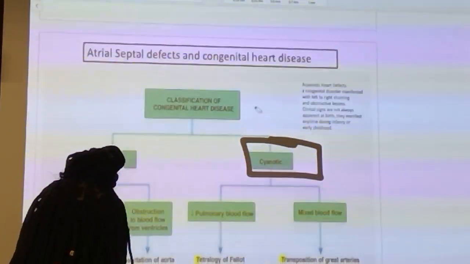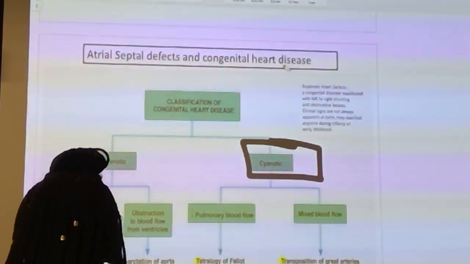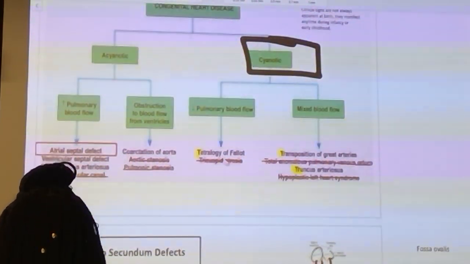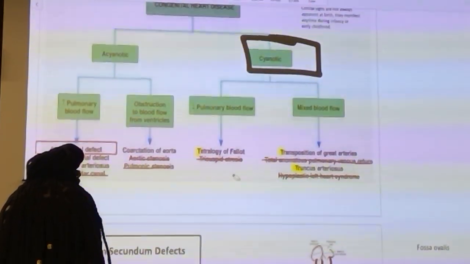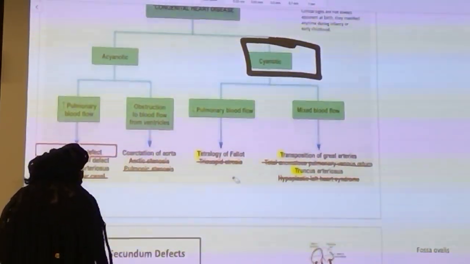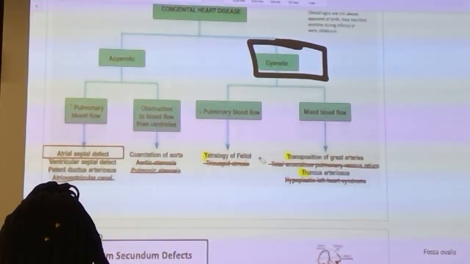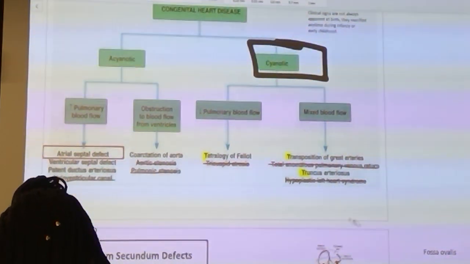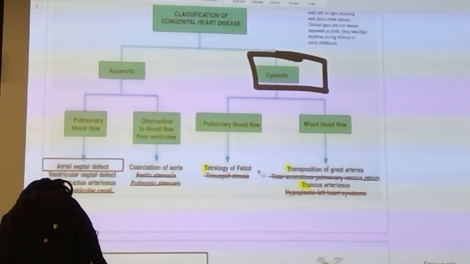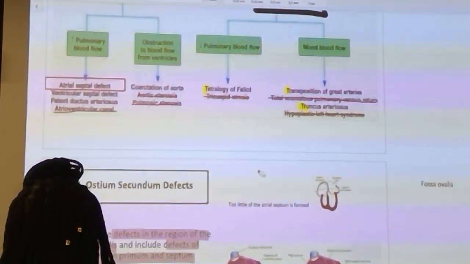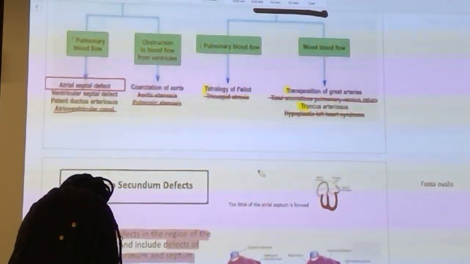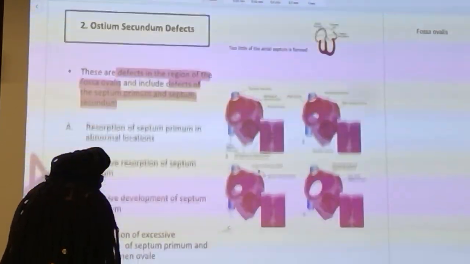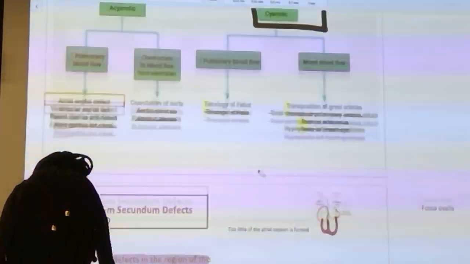Okay, so the heart conditions that will cause cyanosis all start with a T. So terrible T's: tetralogy, transposition, and truncus arteriosus. Is there anything we should know about the acyanotic?